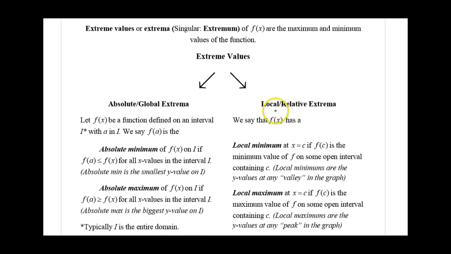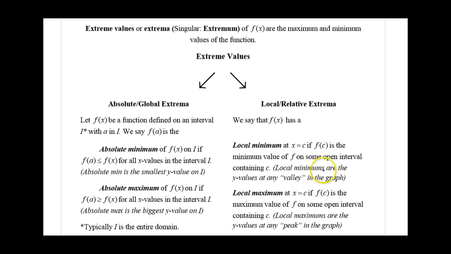So now, local or relative extrema. We say that f of x has a local minimum at x equals c if f of c is the minimum value of the function f on some open interval containing c. So this is a little different because informally a local minimum, or local minimums, are the y values at any valley in the graph.